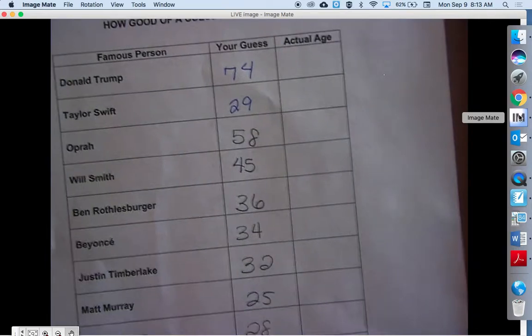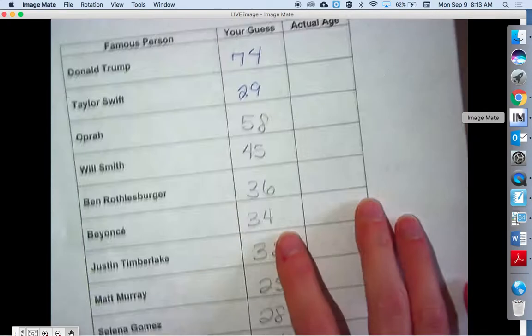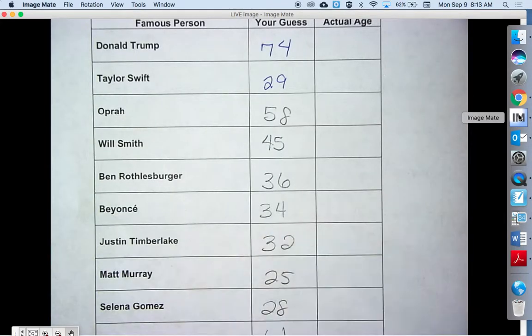So I just randomly wrote down some numbers for my guess. All right, so Donald Trump. He was born in 1946. How old do you think he is, Peter? Who's Julia Roberts? She's an actress.